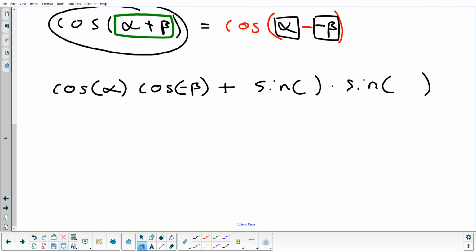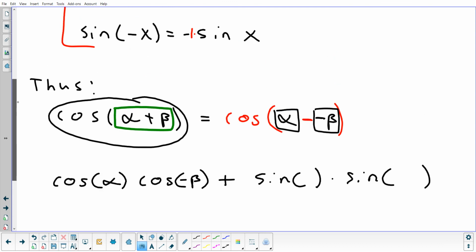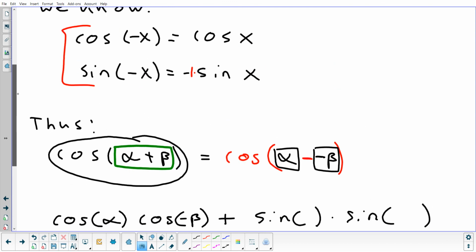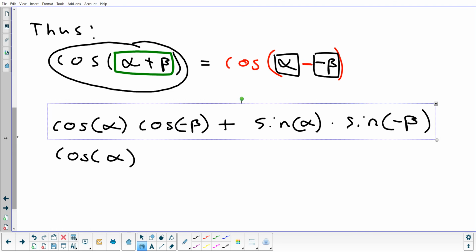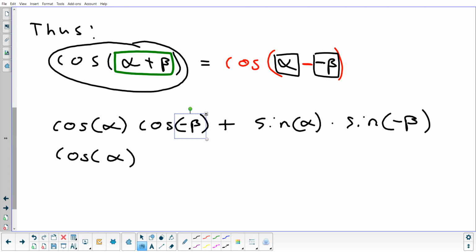Negative beta. We have to deal with that negative inside there, but we have a way to deal with the negative in a second. Alpha, negative beta. Okay, let's start with the negative inside the cosine. What can you do with that negative right there?